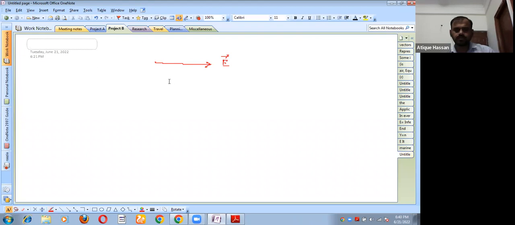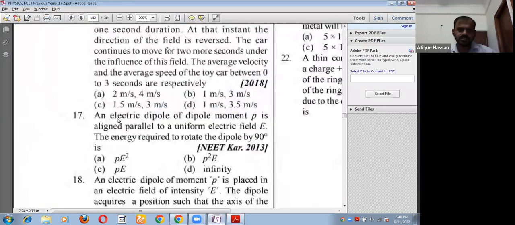So the question says an electric dipole moment P is aligned parallel to a uniform electric field E. Suppose there is a dipole like this, dipole moment P. So this dipole is parallel to the electric field. Now it says the energy required to rotate the dipole by 90 degrees.